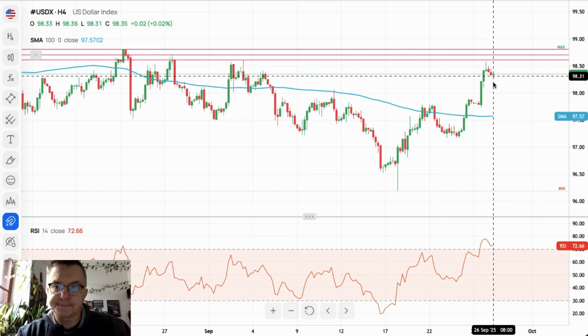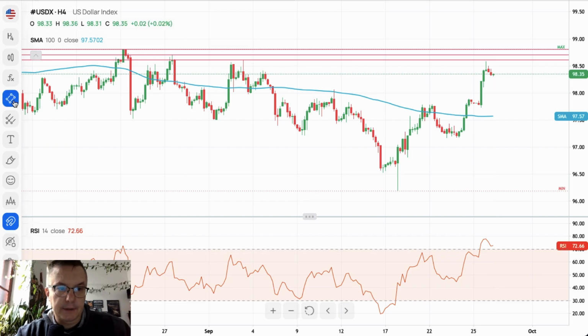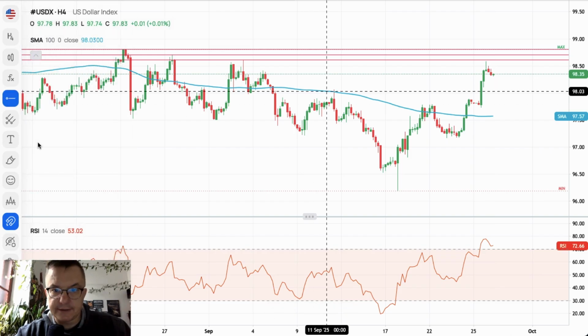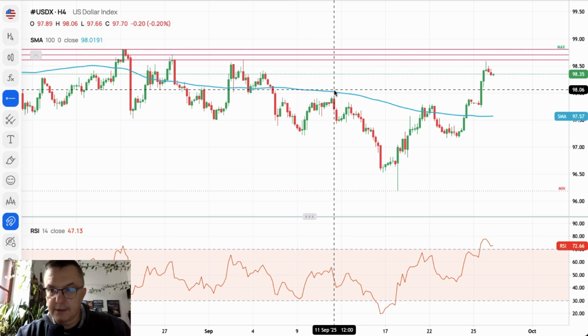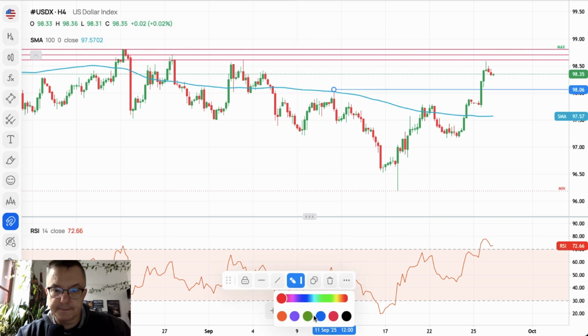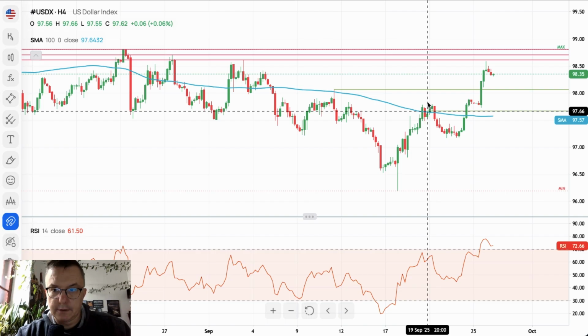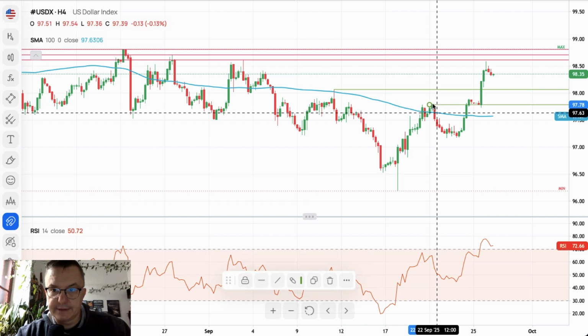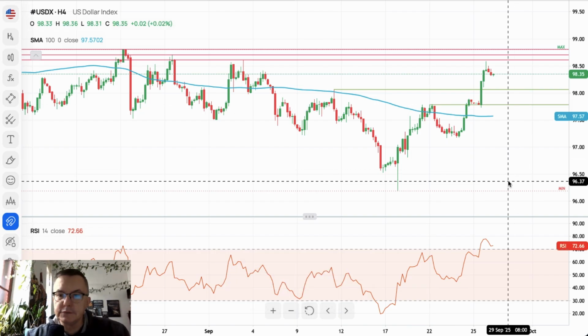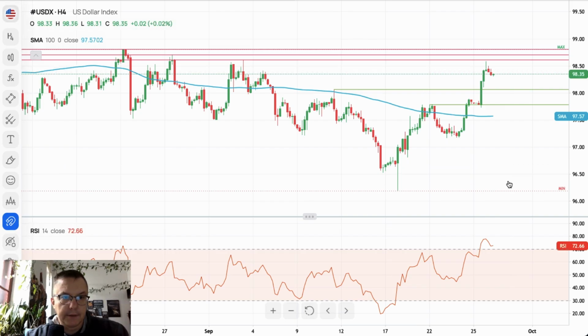So it looks like we might be witnessing a test of possibly this level here, 98.06, or maybe even 97.78. Okay, so that's the situation with the US dollar index.